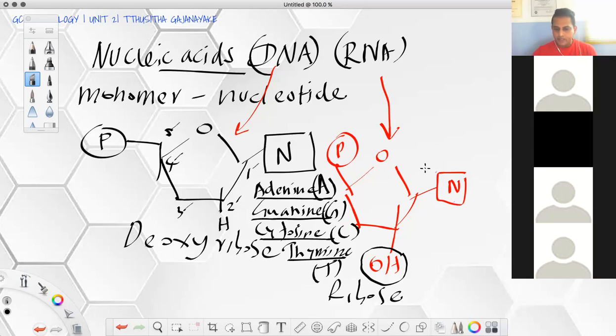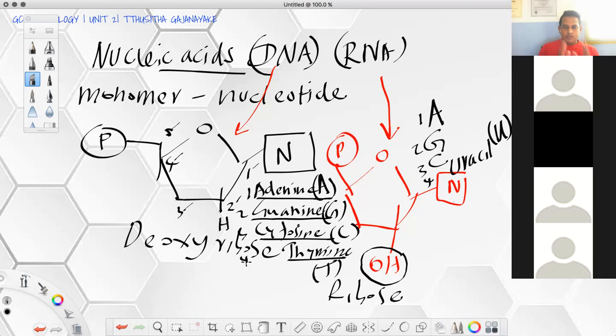And RNA also has 4 different nitrogenous bases. So they are adenine, guanine, cytosine. Instead of thymine, it has uracil, abbreviated by U. So DNA has 4 different nucleotides.